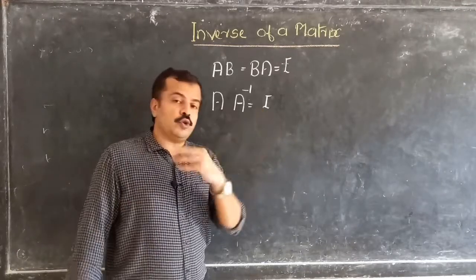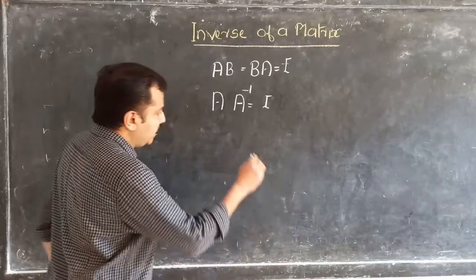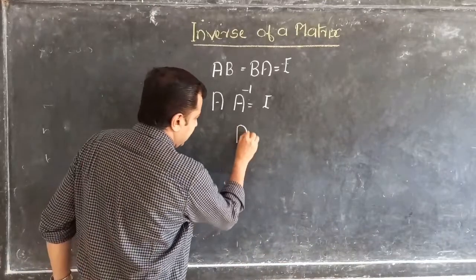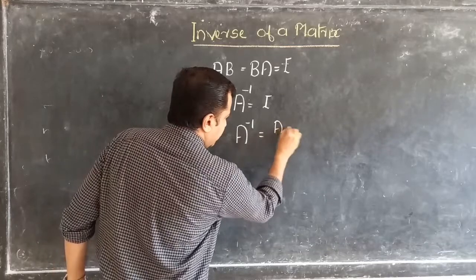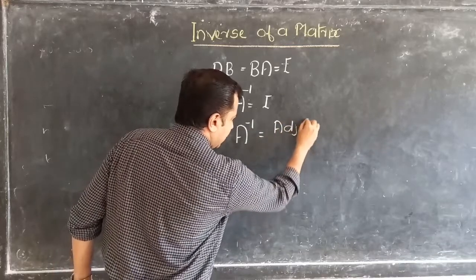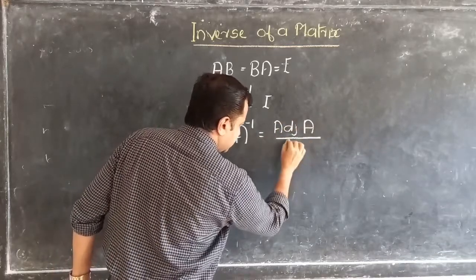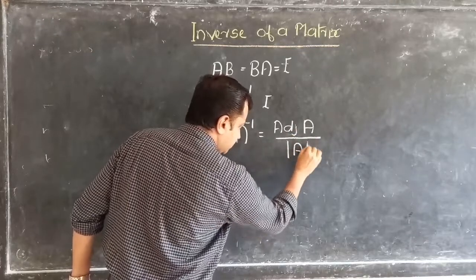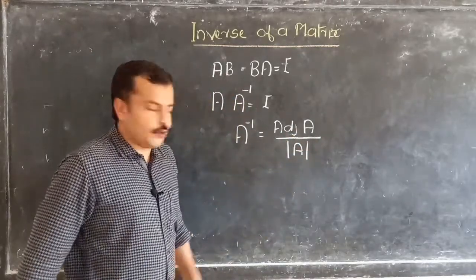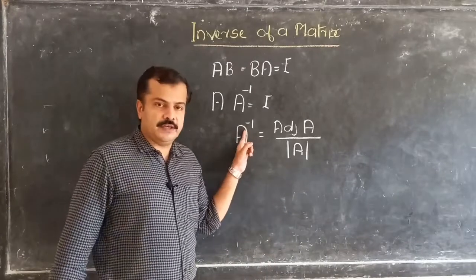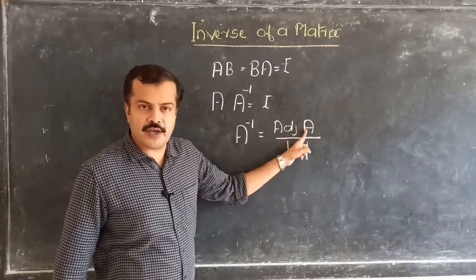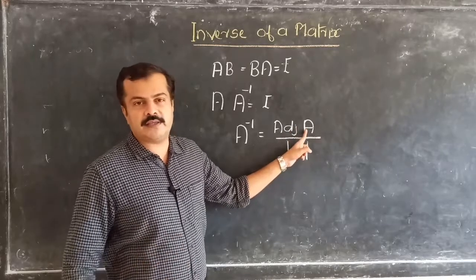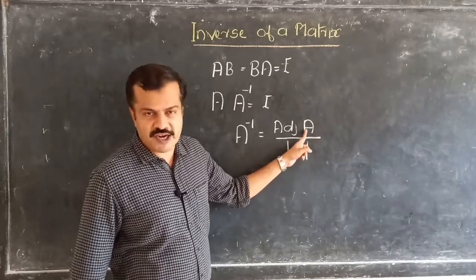Now, how to calculate inverse? The formula for calculating inverse is A inverse equals adjoint of A divided by the determinant of A. So, for the calculation of inverse or reciprocal matrix, we need to calculate the adjoint of A, which we know is nothing but the cofactor matrix transposed.